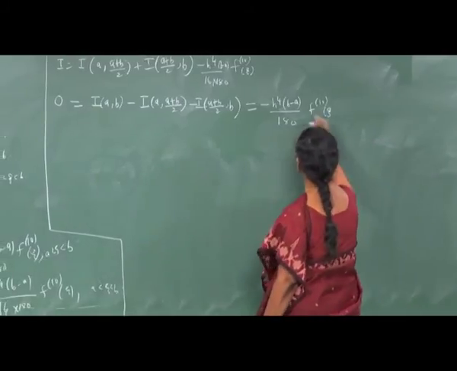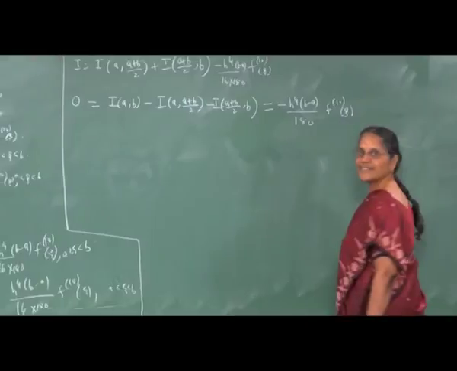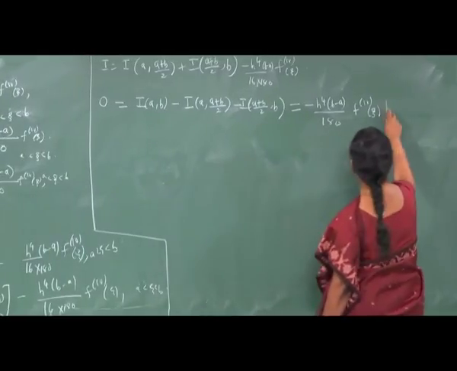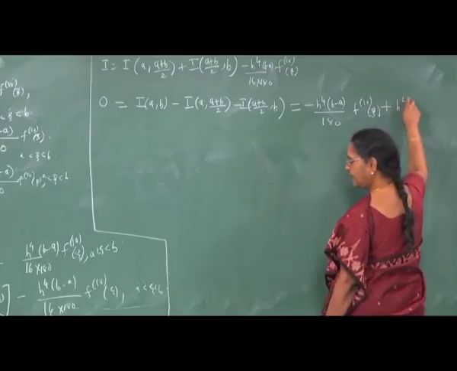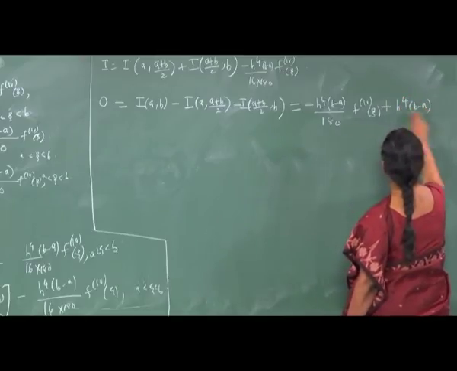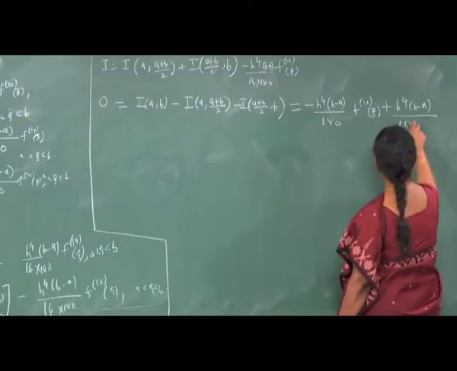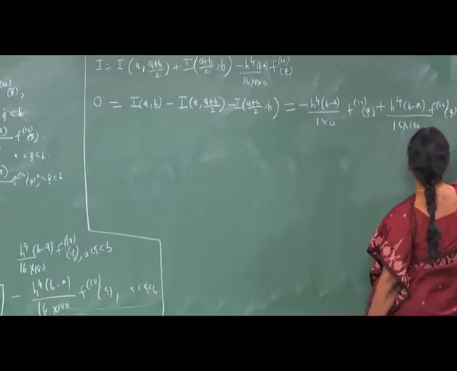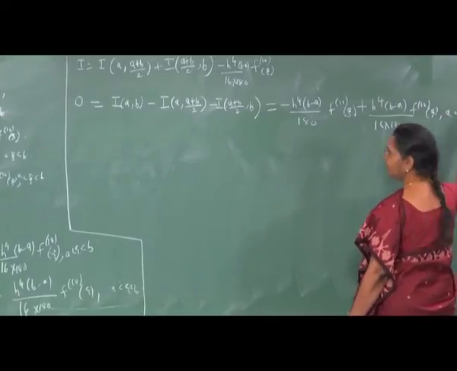So, I am replacing that here as psi. And then what does the error from the next term give? Because I am subtracting, that is plus h power 4 into b minus a by 16 into 180 into the fourth derivative at psi for psi lying between a and b.